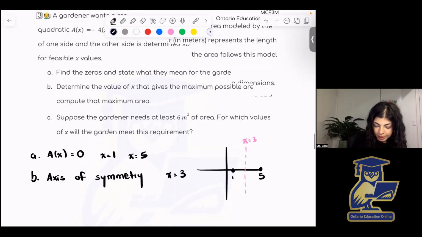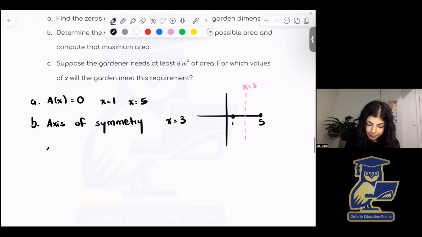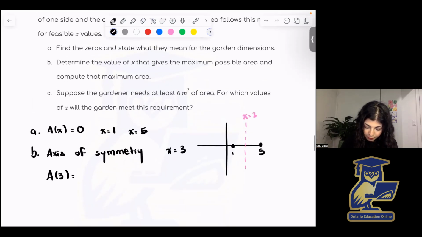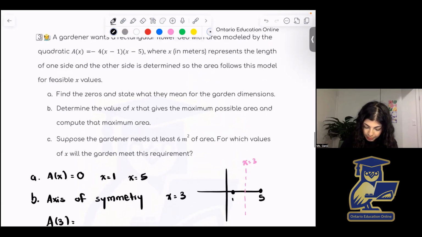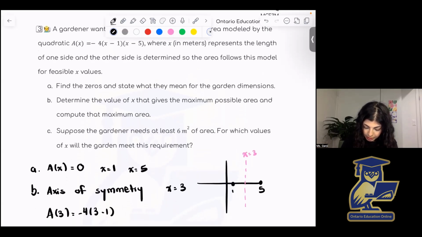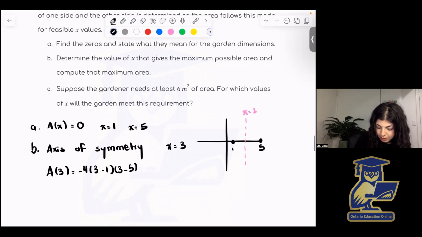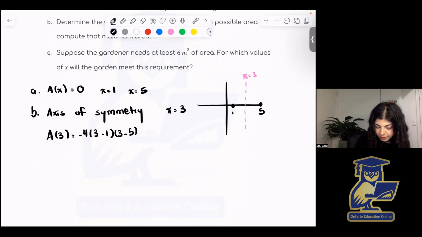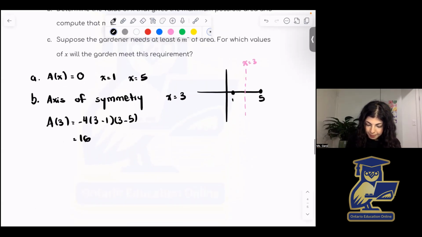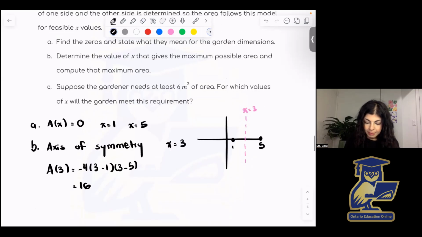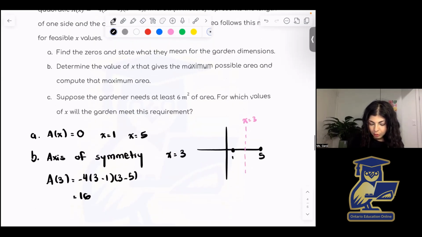So A of 3 is going to be -4 times 3 minus 1 times 3 minus 5. So we should get 16 here, and that would be in meters, so meters squared.